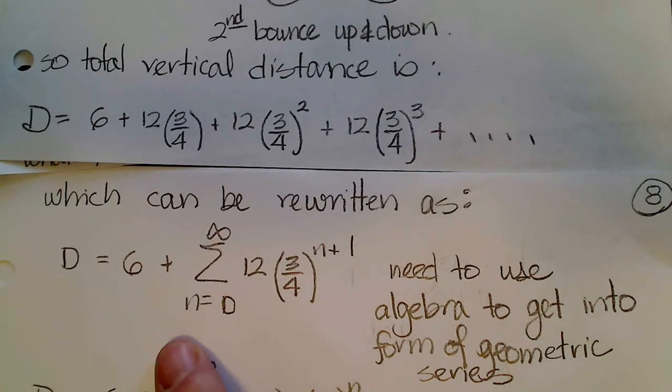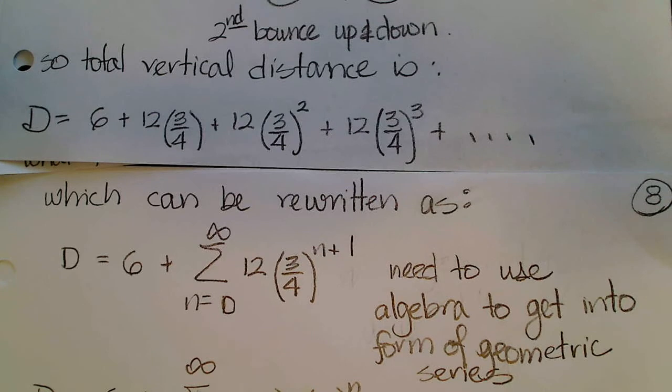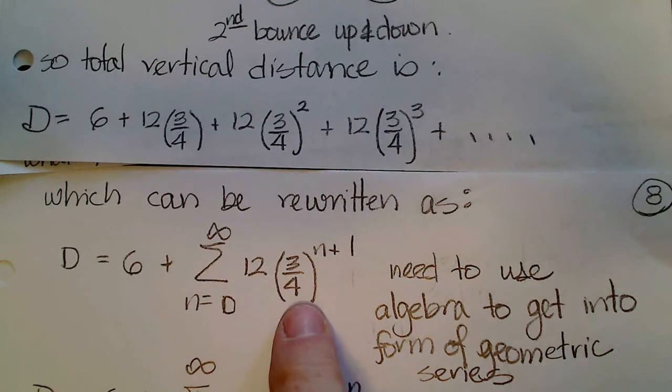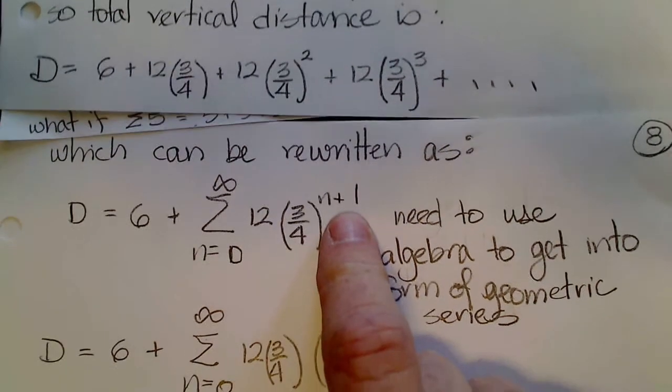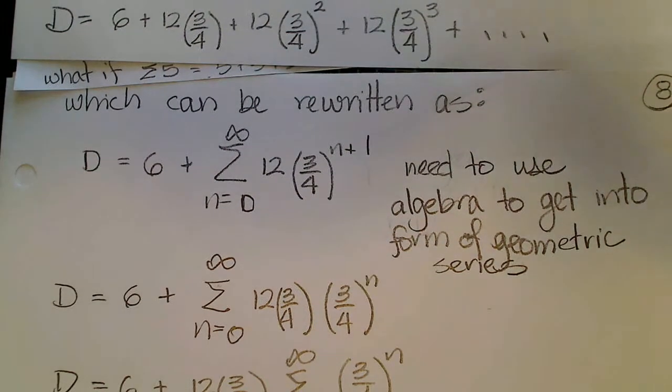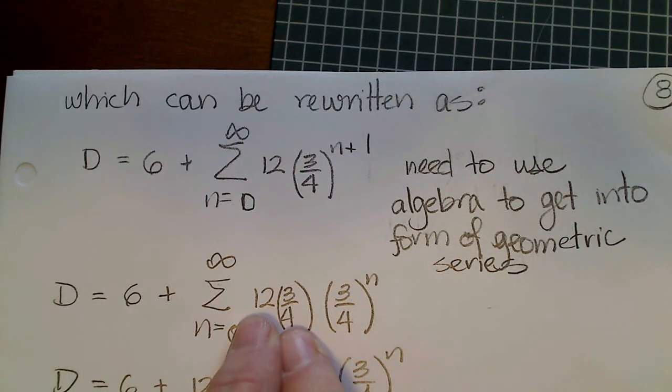I know that I have to have it from 0 to infinity to satisfy a geometric series. I have to have a, and I have to have r raised to the n. Well, I have it to the n plus 1. So what I'm going to do is take that extra 3/4 as a factor and set it out by itself with the 12.